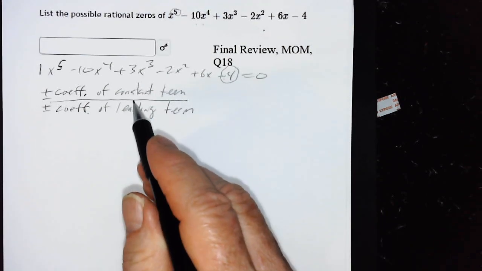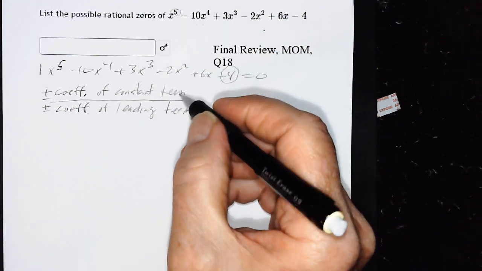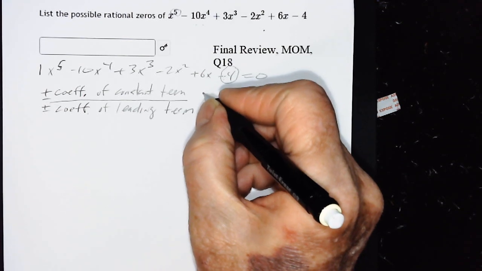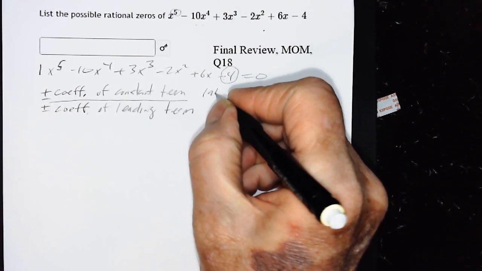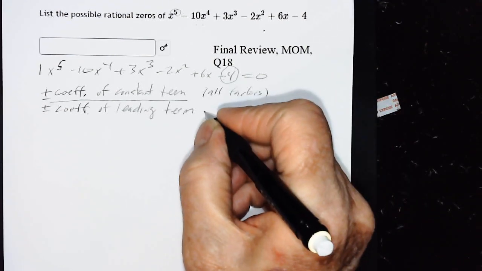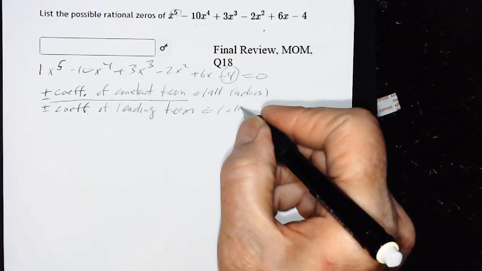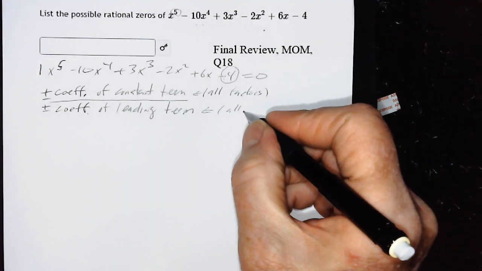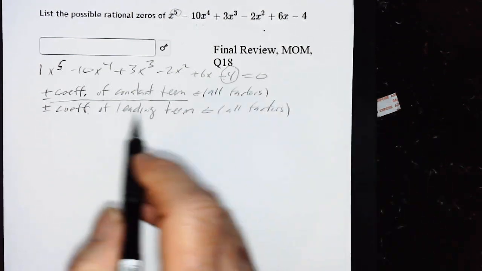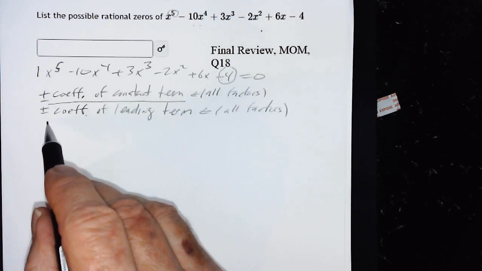Now, this is the ratio of, and by the way, though, I should put all factors. All right, all factors. And the same goes for all factors of the coefficient of the leading term as well. But you see, the only factor of 1 is 1 itself.